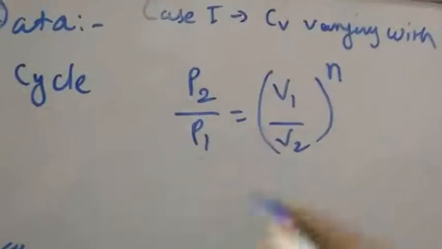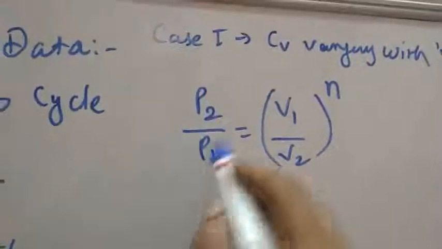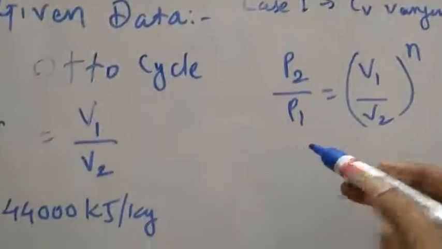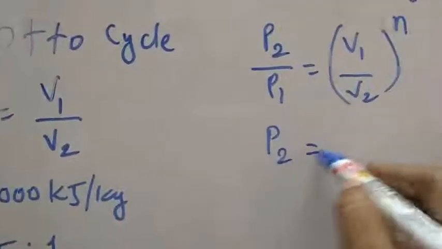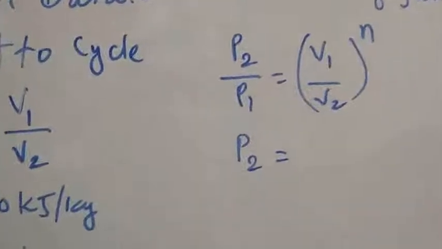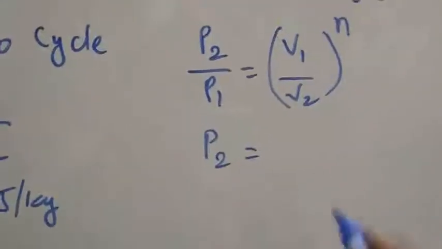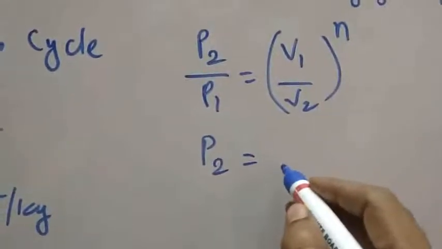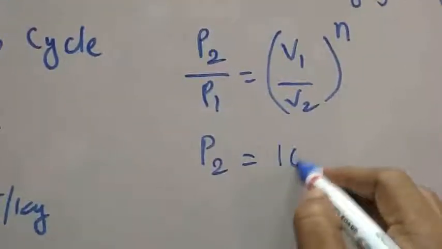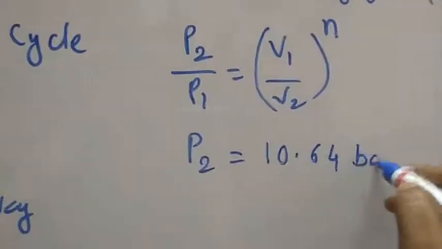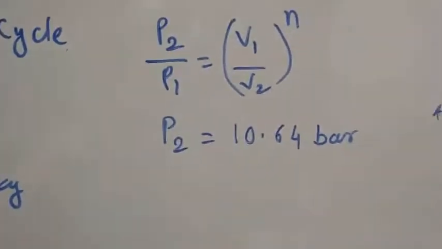By putting in the values, V1 by V2 is given as 6, N is 1.32 and P1 is 1 bar. From that you get P2, which is 10.64 bar. That is the answer for P2.